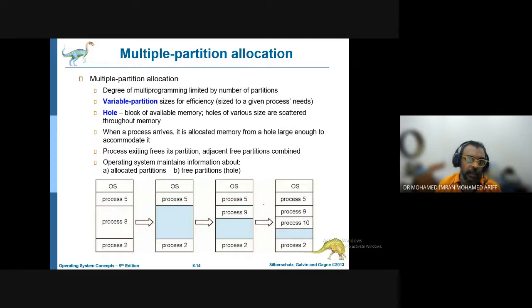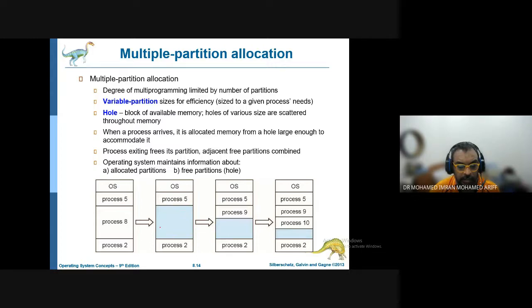In some other situations, there might be multiple partitions. Multiple partitions are situations where there is more than one process inside the main memory, and these partitions are not the same size. They are different sizes. As you can see here, process 5 is small, process 8 is big, and then process 8 disappears.